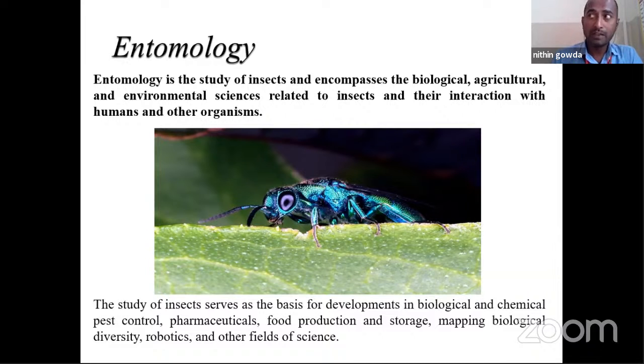Not only harmful insects come under entomology. As I mentioned earlier, the mosquito is a harmful insect. Similarly, we have the honeybee, which is a pollinator. The study of insects is called entomology.